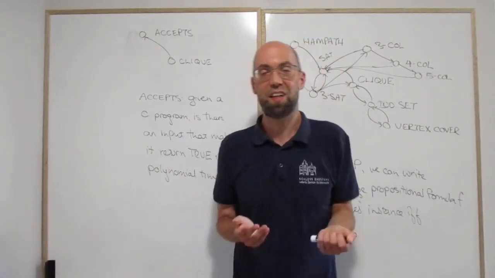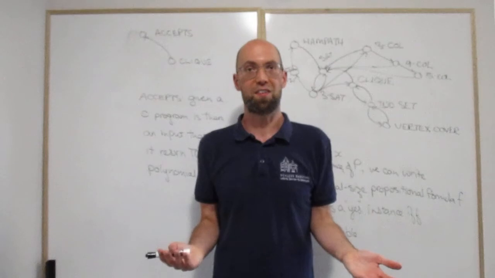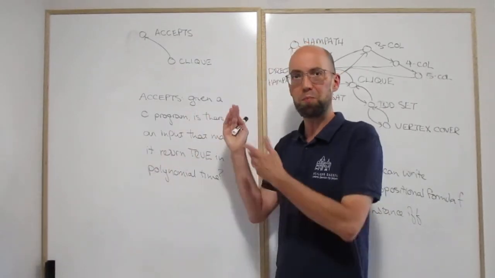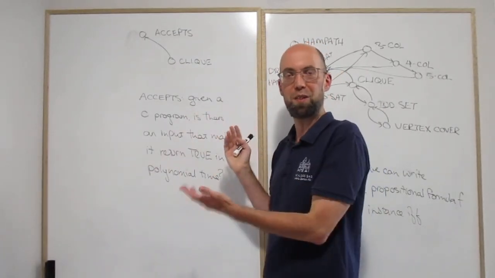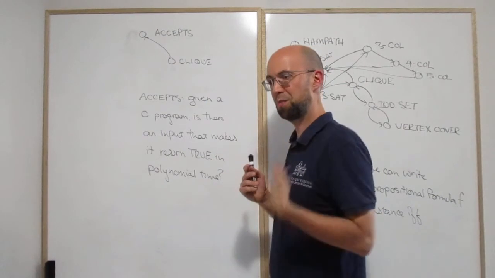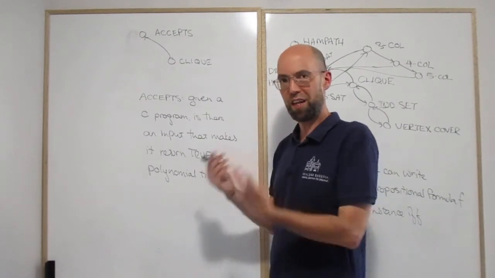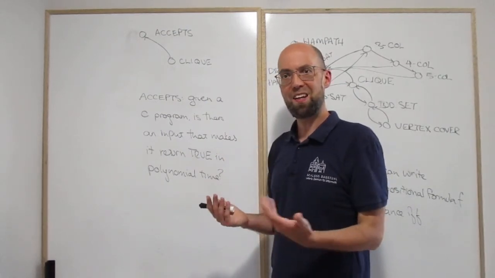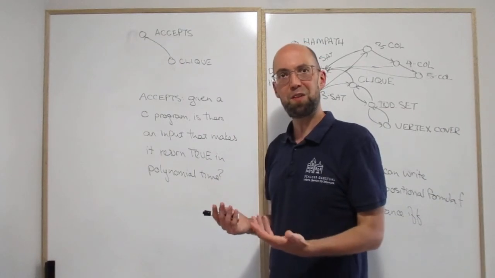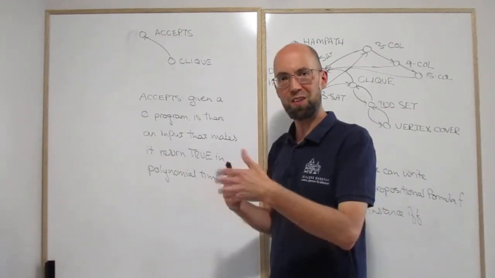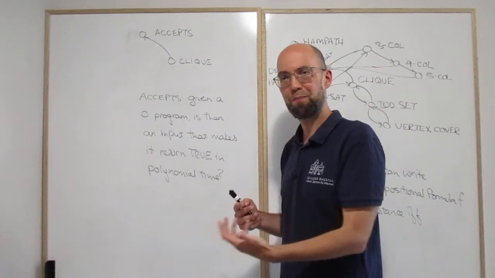And so eventually I said, well, obviously this doesn't exist. And this would be incredibly powerful. This would break all kinds of cryptography, right? Because given a cryptographic protocol, you can decrypt in polynomial time.